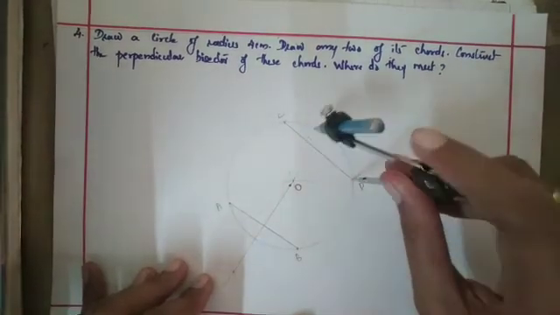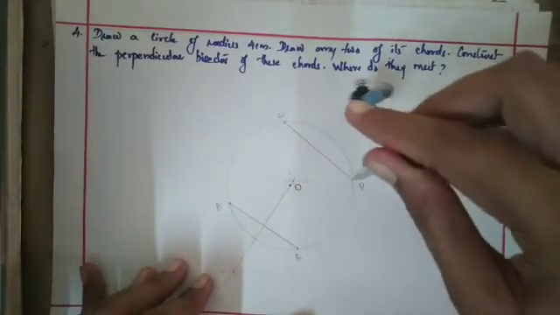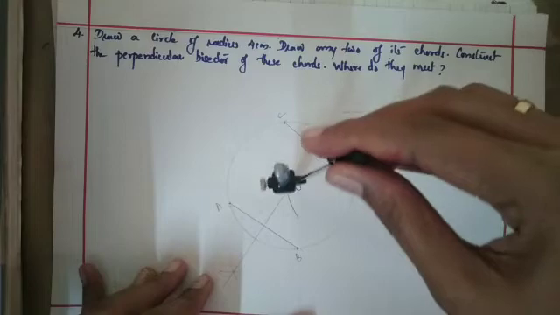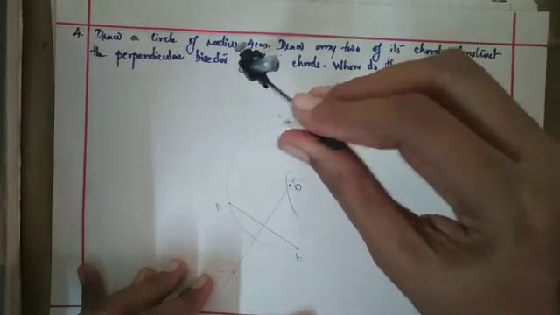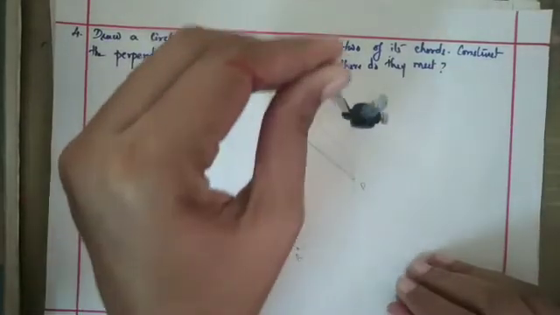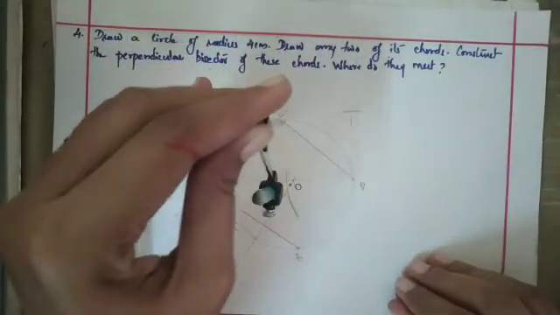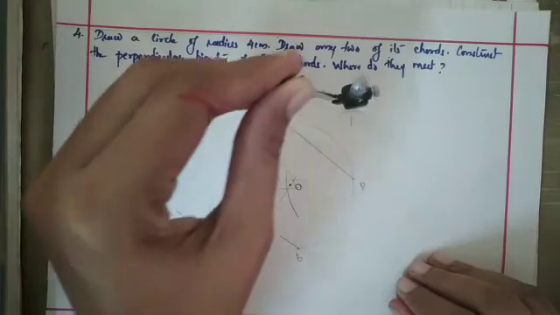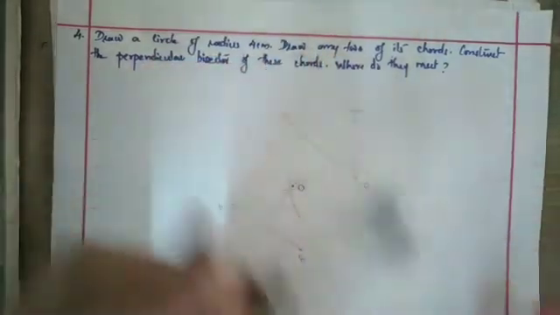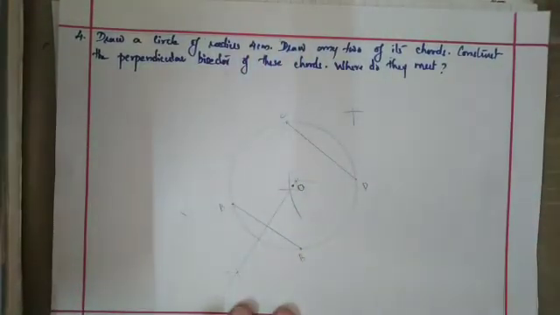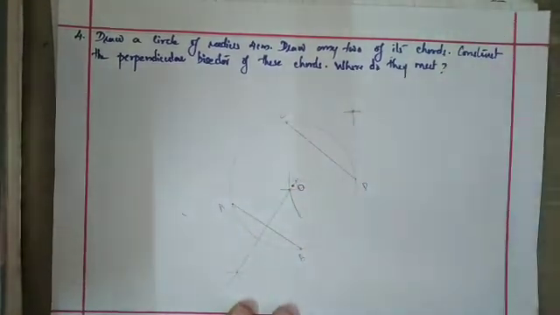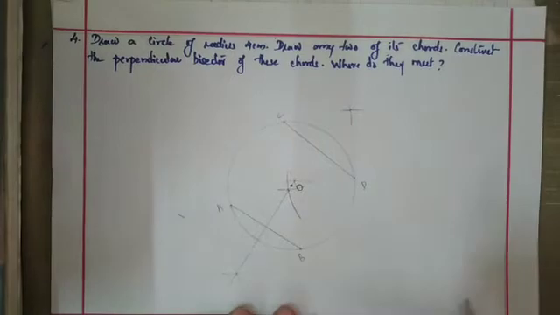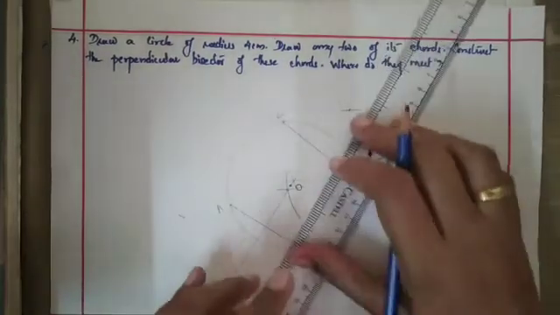Place the compass needle at D. Take more than half. Draw two arcs. Next, place it at C. Another two arcs, here one and here two. Then join those points of intersection using a ruler.